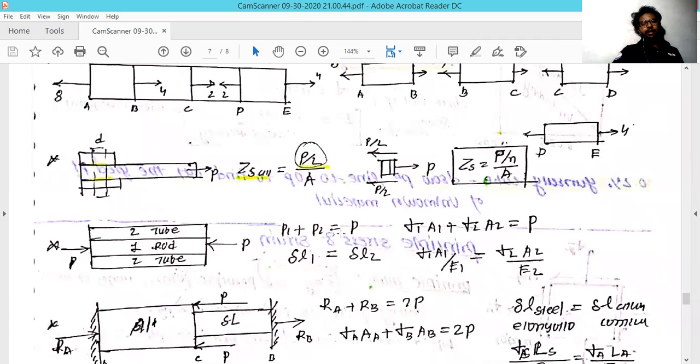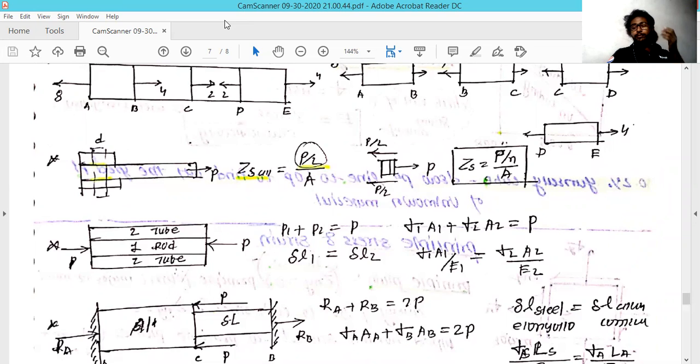Now we move to the third example, which is based on a combination. Sometimes you need to put a tube and rod kind of structure. In this example, I have put a solid rod inside the tube. Notation two is for the tube, and notation one is for the rod.